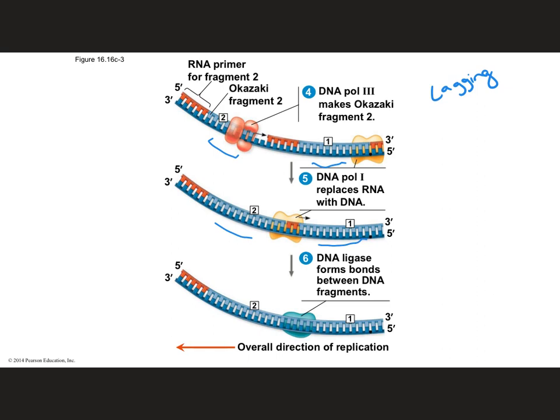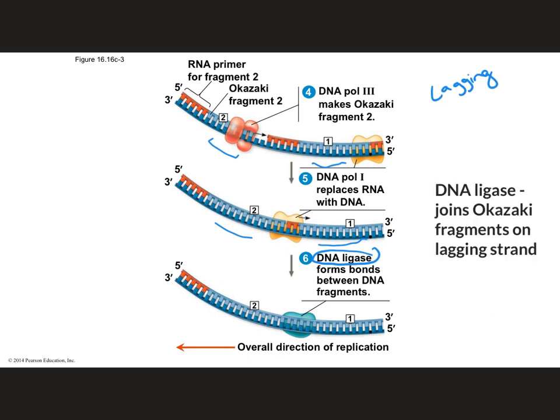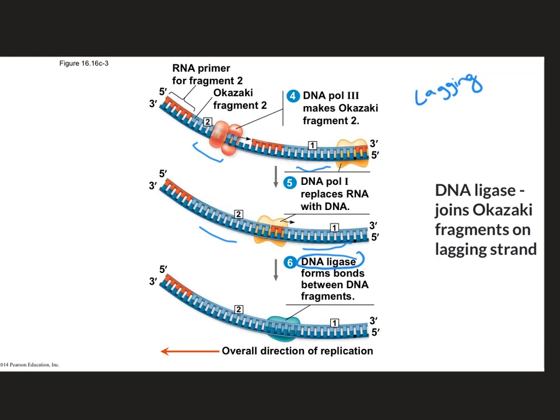In order to get rid of those fragments, DNA ligase is needed. And the purpose for DNA ligase is to join those Okazaki fragments together. Once the DNA ligase joins these Okazaki fragments, then the DNA strand will be whole.